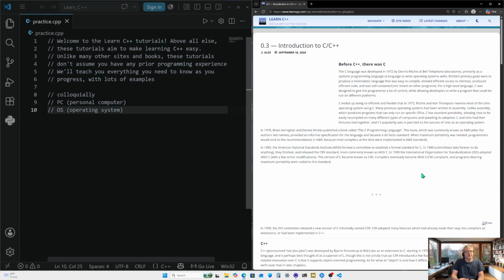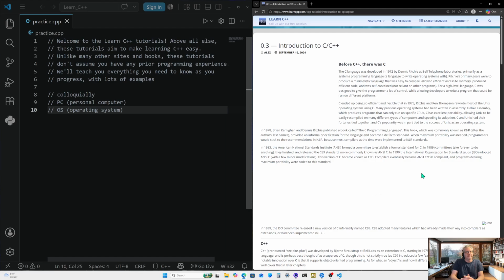For a high-level language, C was designed to give the programmer a lot of control, while allowing developers to write a program that could be run on different platforms. Back then there weren't a whole lot of different computer systems out there, not like there is today.